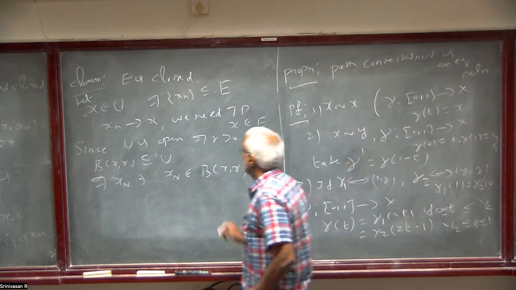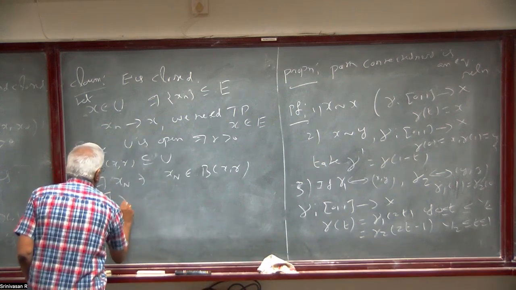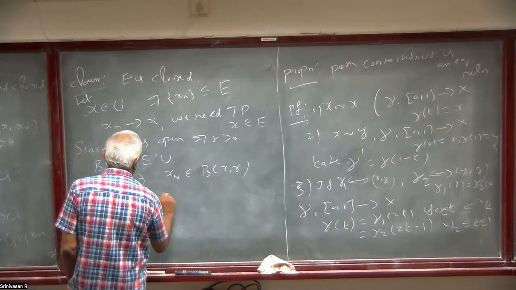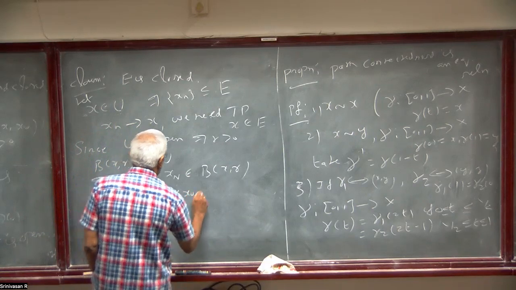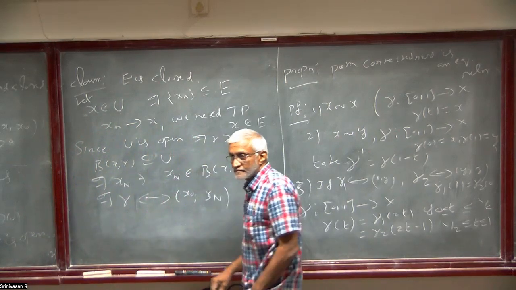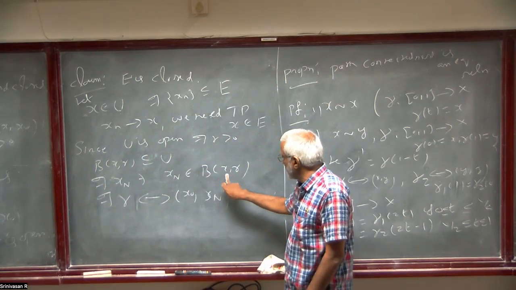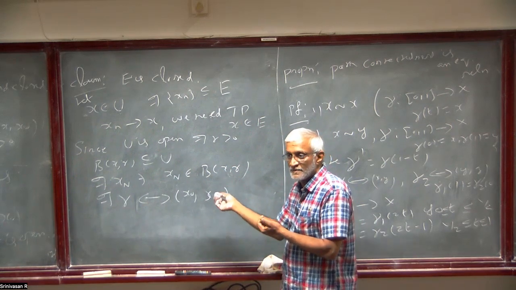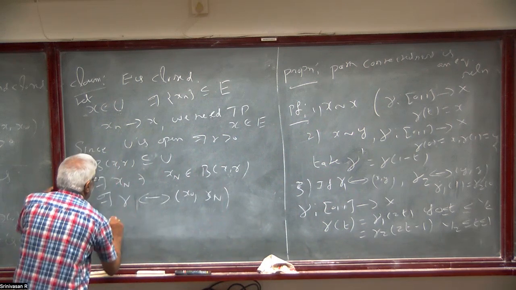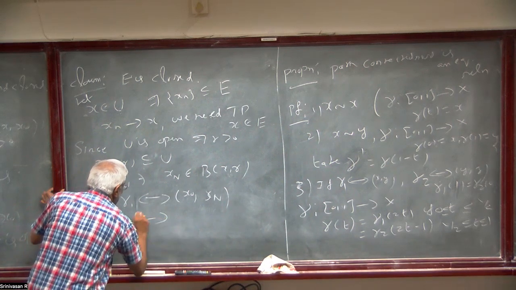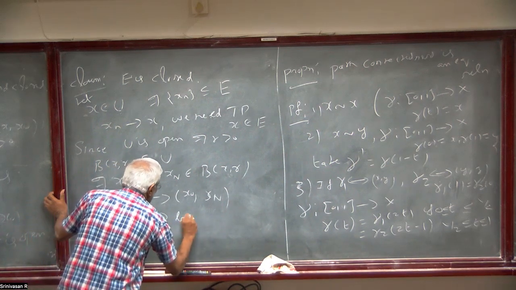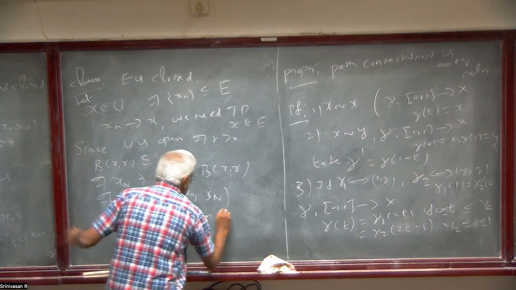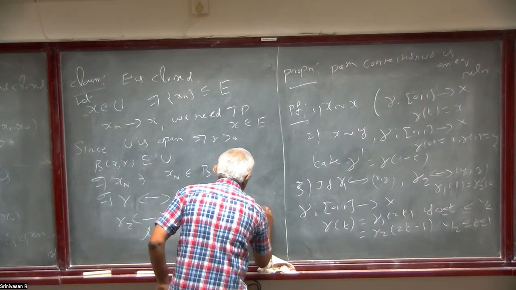Now there exists a gamma connecting x naught and this x_n. Now x and x_n are in this B(x, r), an open ball in a normed linear space. And gamma 2 is a line between x_n and x.